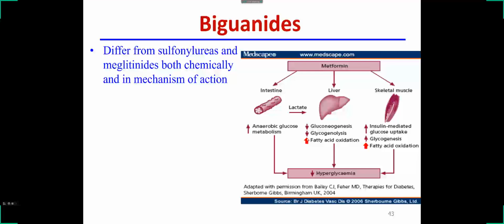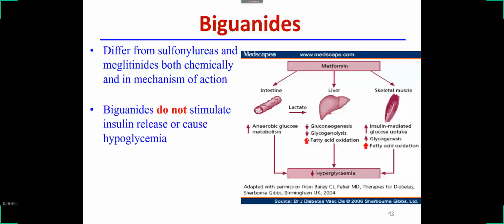It means that it typically facilitates dual drug use if we need it, because the mechanism of action is different. You can't really use the meglitinides and the sulfonylureas together because they're both binding to the same target, whereas the biguanides have a separate drug target.